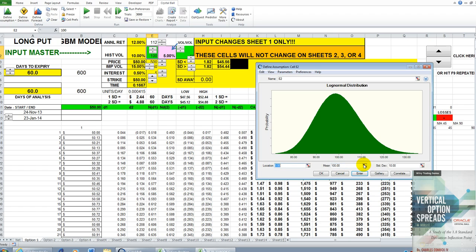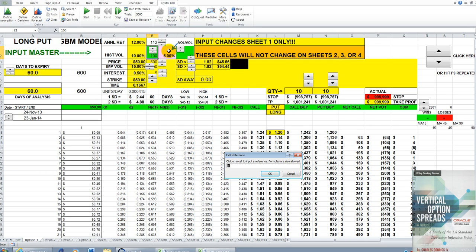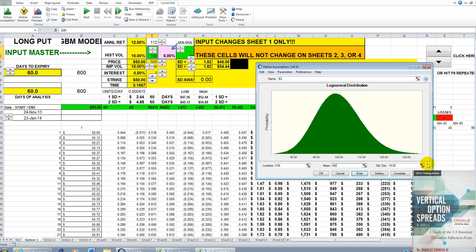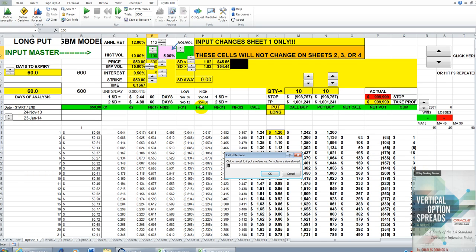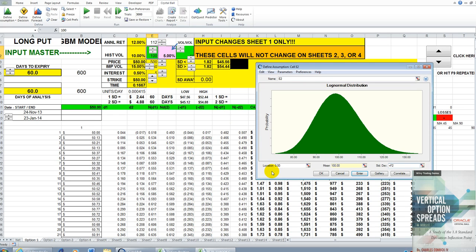And we would put the mean in as this cell right here, and the standard deviation would be the 5% right there, the 50%, the number 50. That would do the same thing. That distribution is log normal, and the volatility will never drop below zero. So we'll go ahead and leave that in if you don't mind for right now.